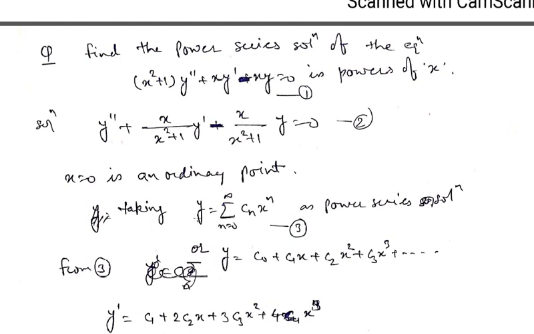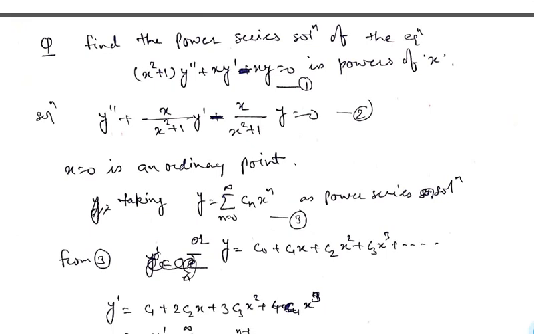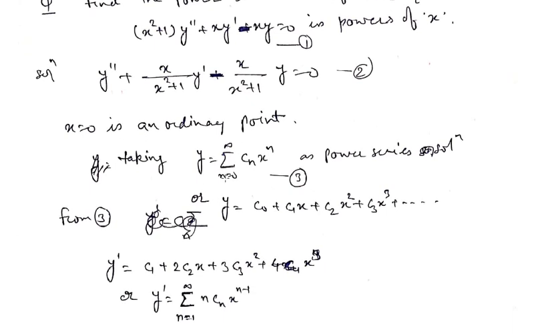So for that we will differentiate this y with respect to x. When we differentiate, we get y prime. When we expand this series, we can rewrite it as y equals c naught plus c1x plus c2x square plus c3x cube. As we studied, the series can be differentiated term by term.